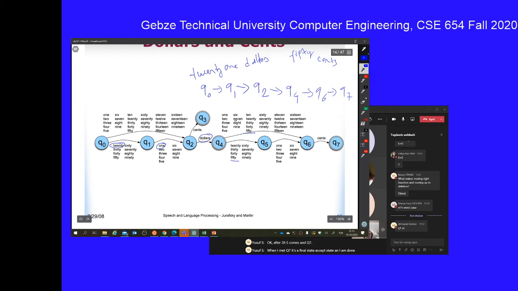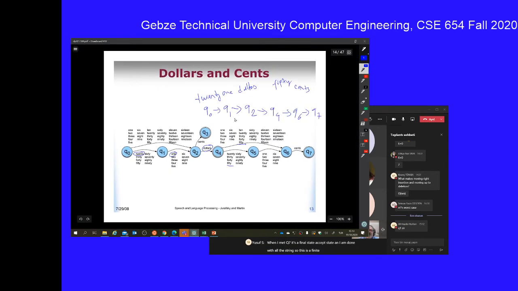So this is a finite state automata to recognize if the written form of dollars and cents expressions is valid for English. Very toy example, but it works. I use this for recognition, but I can use the same thing for generation too.